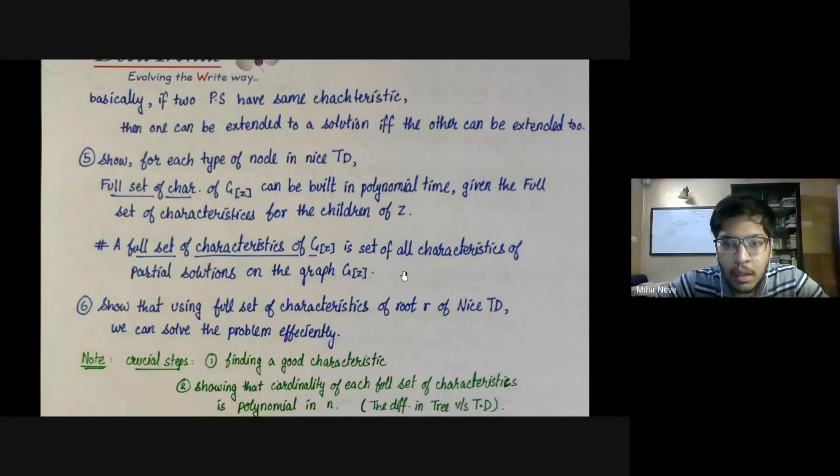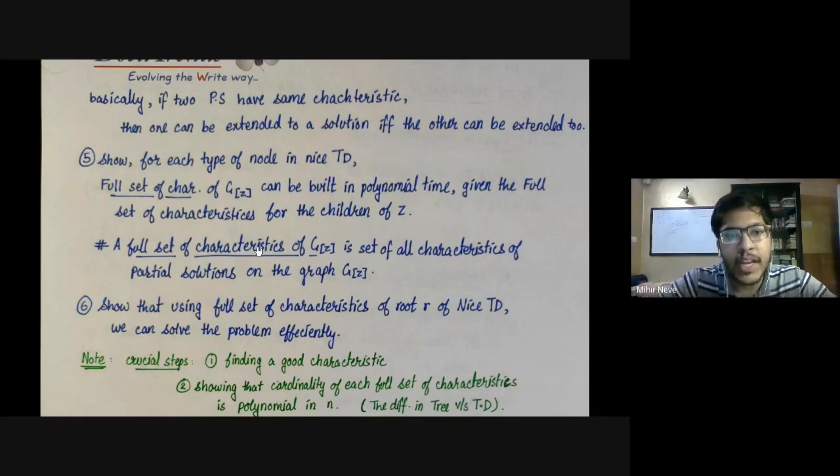As in, you make a set of all the characteristics of every single partial solution on GZ. So you take the graph GZ, you find the partial solution, find its characteristic, put it in the set. You do this for every single partial solution. And then you will get a set for GZ. This set is called the full set of characteristics. That is every possible characteristic of every possible partial solution on the terminal graph GZ.